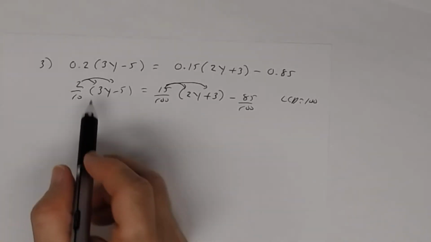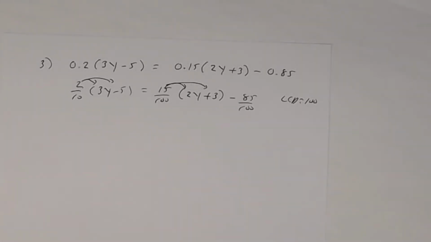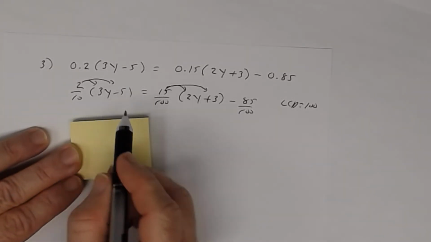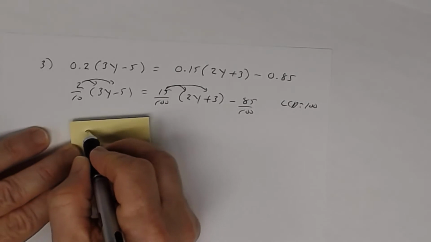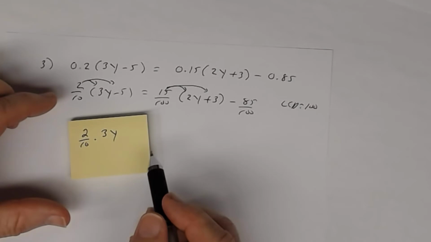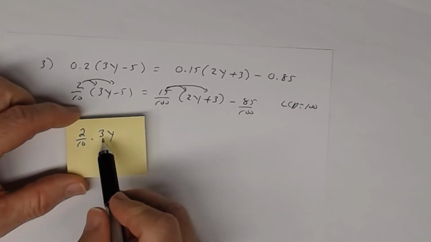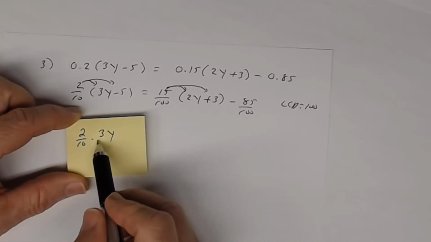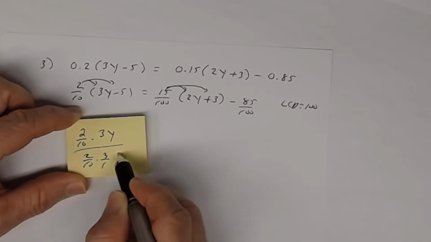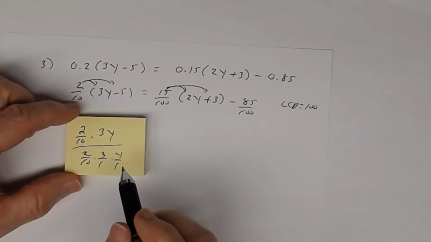All right, now when I reduce, I want you to remember something, and this is important, and some students have trouble with this. So you see this is 2/10 times 3y, right? Now be careful. You have to think of this 3 as 3 over 1, and then y as y over 1, if you have to.